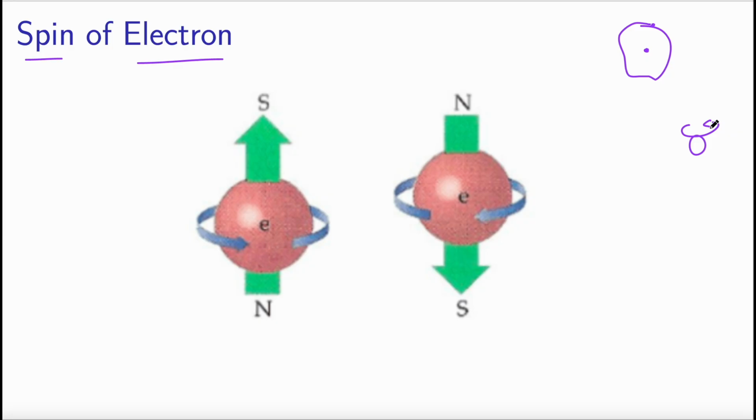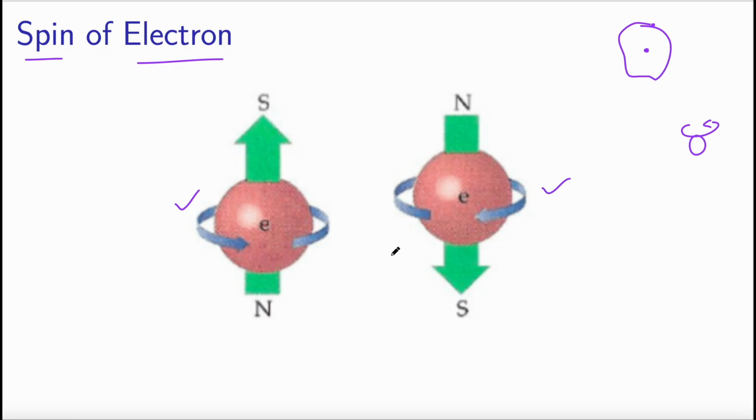Similarly, we can consider the electron to be spinning around some axis. The electron can spin in a counterclockwise, anti-clockwise direction, or the electron can spin in a clockwise direction.